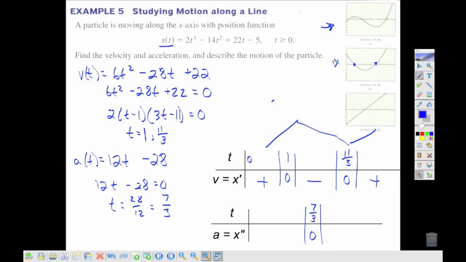Now we can see that represented in this graph for our acceleration. Before that, if we plug in values less than t, we're always going to get negative numbers. Greater than 7 over 3, we're going to get positive numbers. Since we're talking about acceleration, this tells us that our acceleration is in a left direction here, and here our acceleration is pulling us in a right direction.